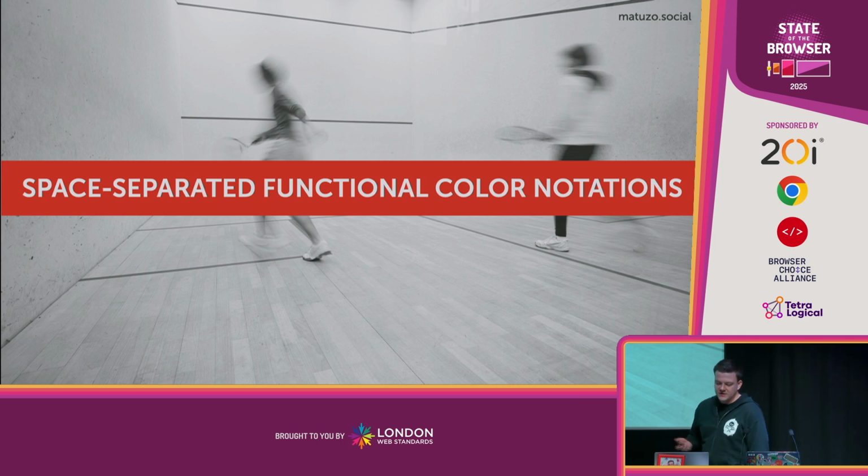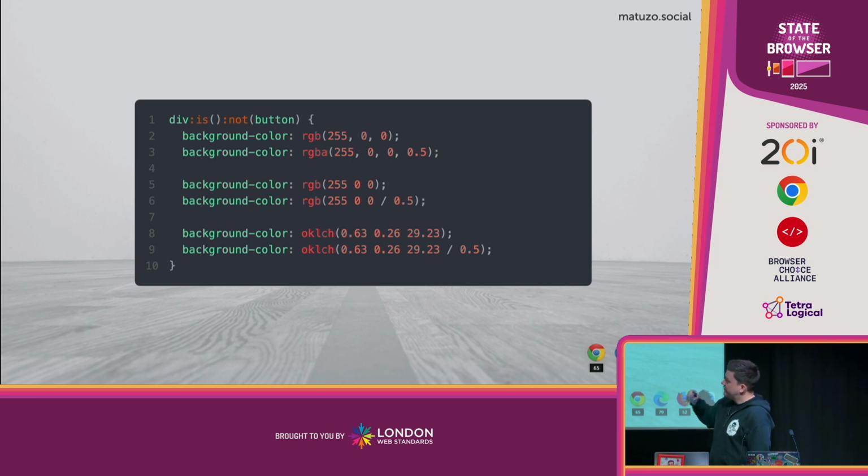There is a space-separated functional color notation that we can use with traditional functions like RGB. So instead of using commas in RGB, you can use spaces, which allows you to add an alpha channel. And with OKLCH and OKLab and all the new functions, we have to use the space-separated notation. So no commas in those functions.